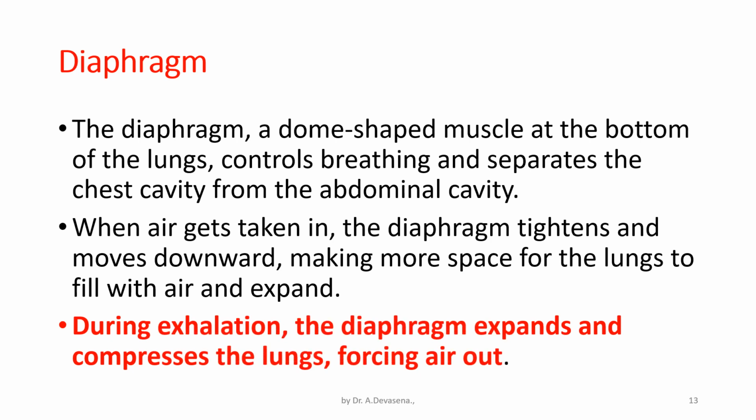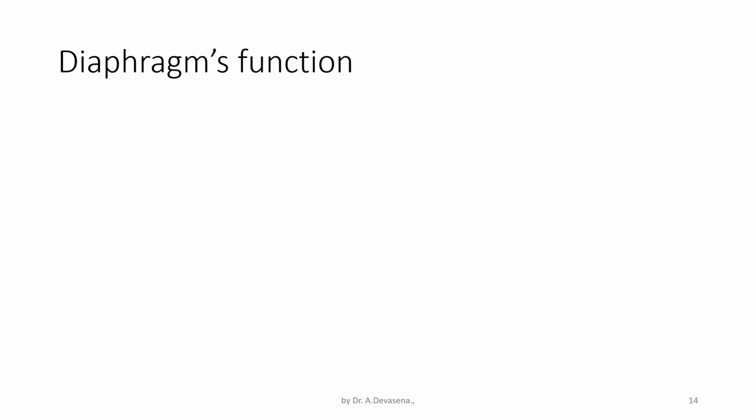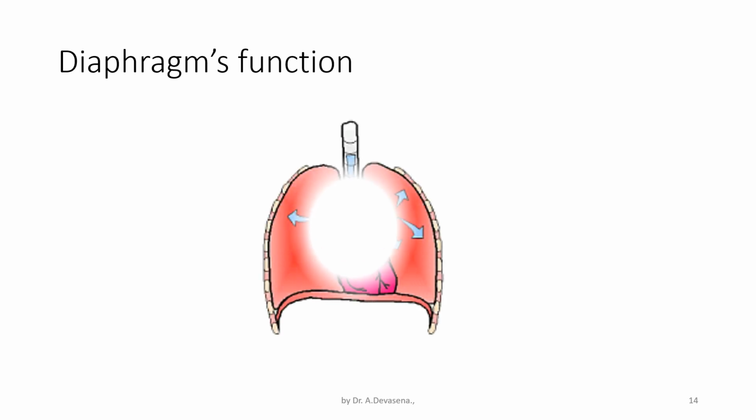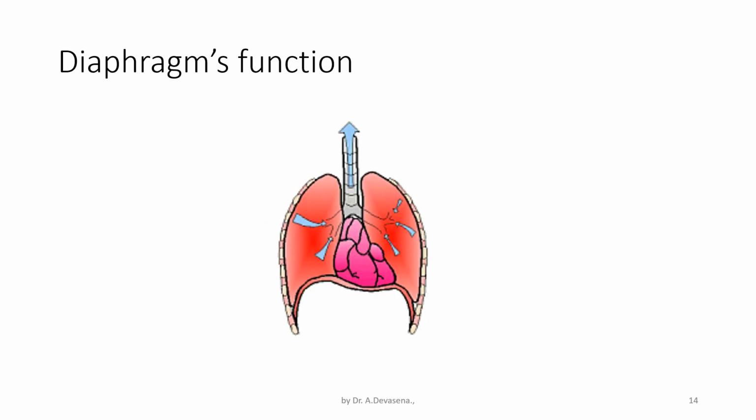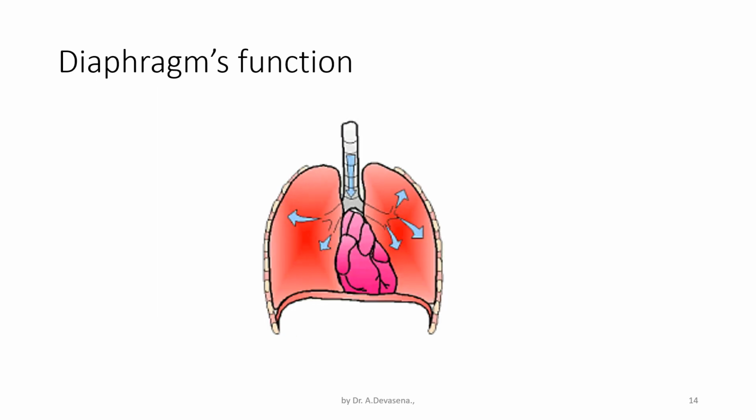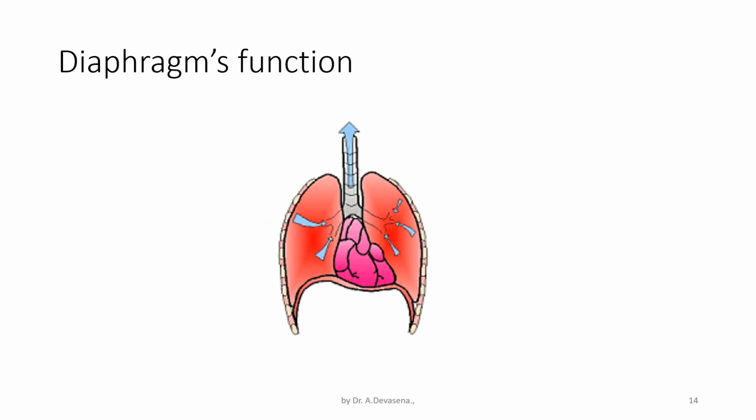During exhalation, the diaphragm expands and compresses the lungs, forcing air out. Let's see the diaphragm's function. The contraction and expansion of the diaphragm is indicated in this animation.